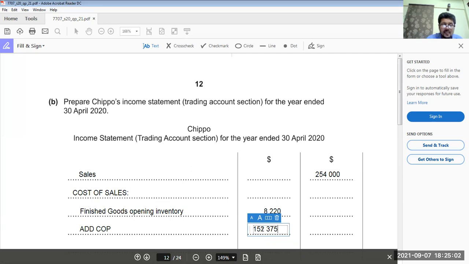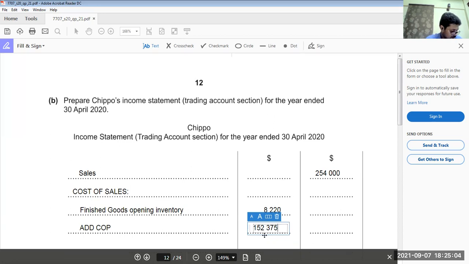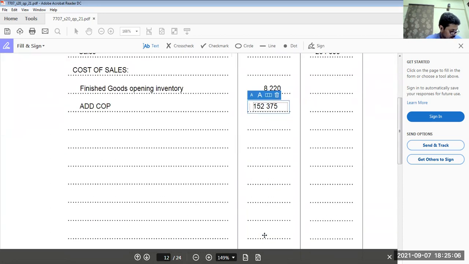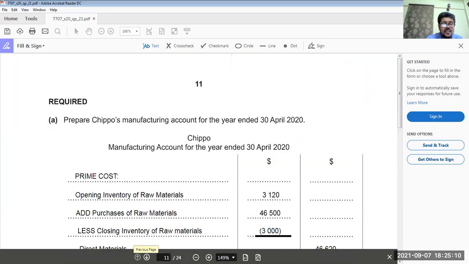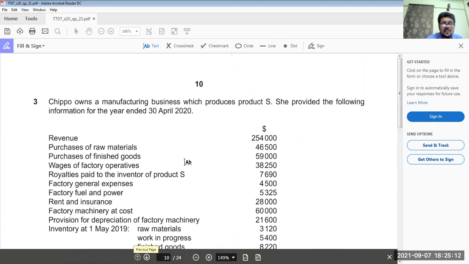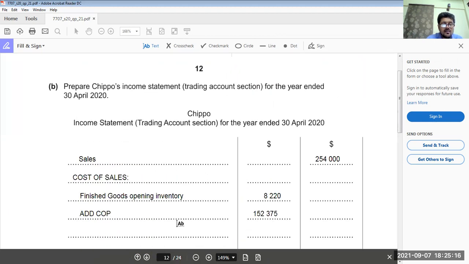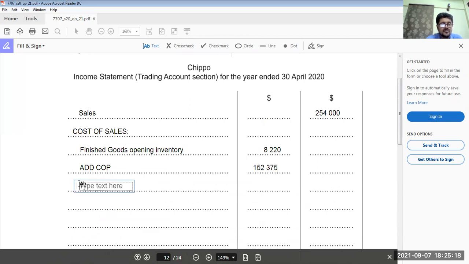Anything else regarding sales of finished goods? 59,000.